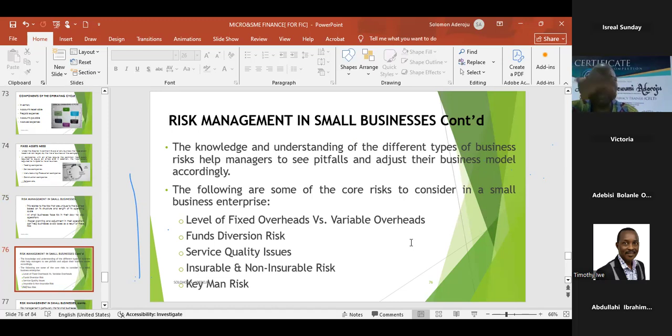For example, if you run a restaurant, you have to make sure that the AC is working, like all these eateries. If Chief Timothy goes to the eatery to eat or to wait for his girlfriend or woman friend or whatever, he can buy maybe one bottle of Coke and sit down for 2 hours.